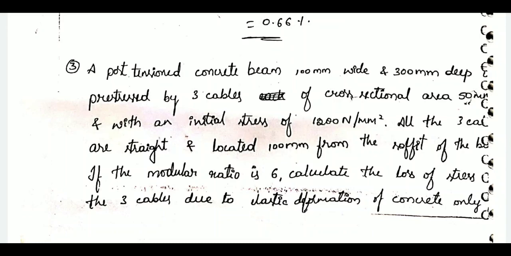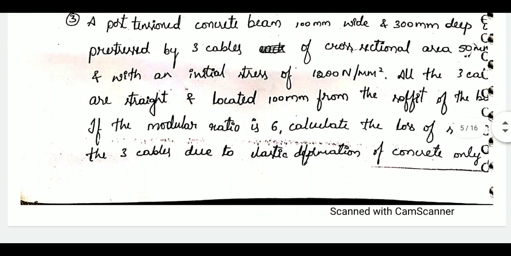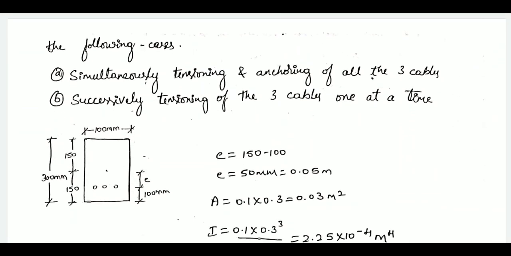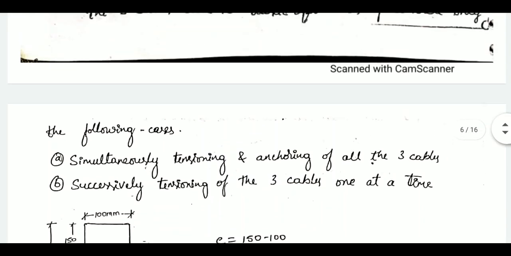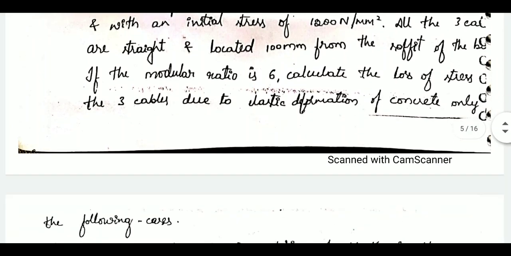Here in the question it is given a post-tensioned concrete beam. Okay, it is a post-tensioned member, and we have 3 cables of cross-sectional area 50 mm square. So if we draw the cross section, it is 100 mm wide by 300 mm deep. So centroid will be at 150 mm, and the cables are located, as given, 100 mm from the soffit of the beam.